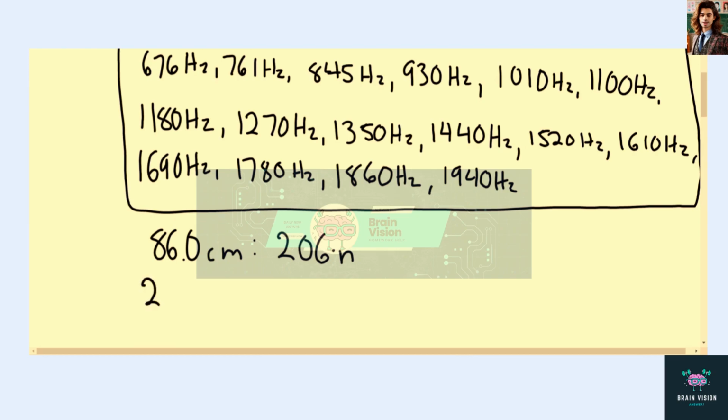For the dimension of 210 centimeters, the answers are 84.5 times n, again integer values starting at 1, and make sure those values are between 130 hertz and 2000 hertz. Because 84.5 is less than 130, it's not in our range, so you won't include that in your final answers. And that is how you do this problem.